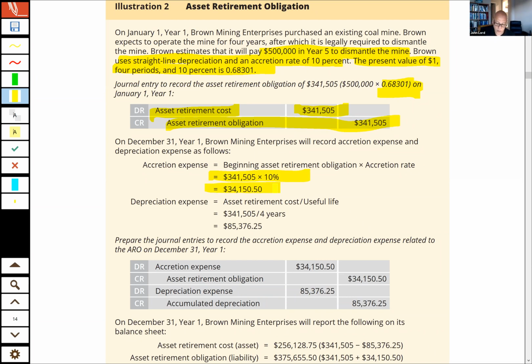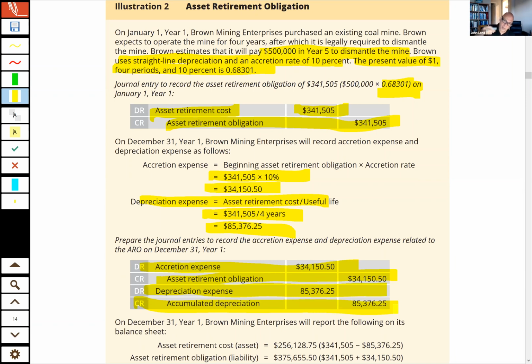That's 34,150, and my depreciation expense is going to be the present value of the 500,000, 341,505, divided by 4. So I debit accretion expense, I credit the asset retirement obligation, 34,101, and I debit what? I debit the depreciation expense and I credit the accumulated depreciation. And I just keep going like that.